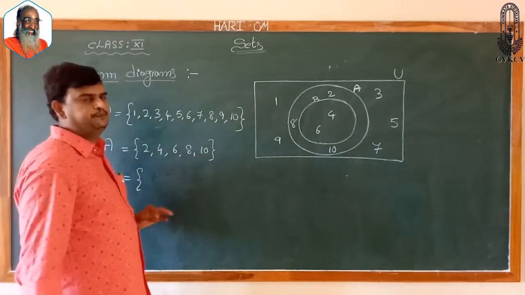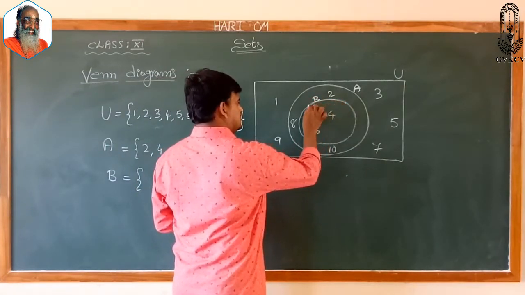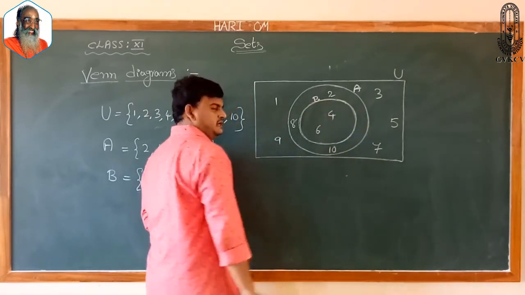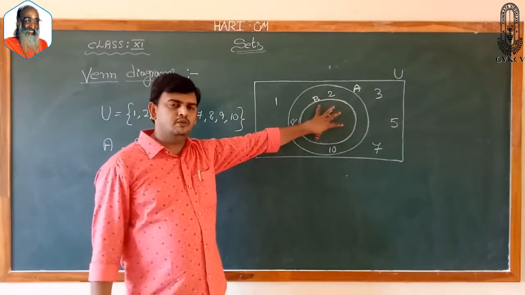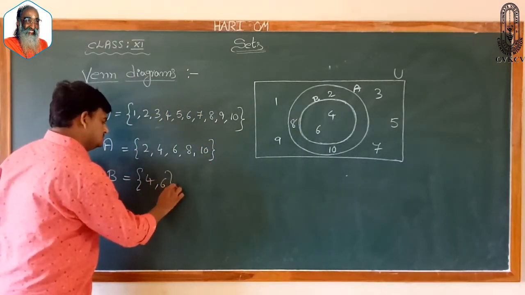Now set B. Here we have set B, meaning this small circle. This small circle represents set B. Now in this small circle, what are the elements we have? 4 and 6. So 4 comma 6.